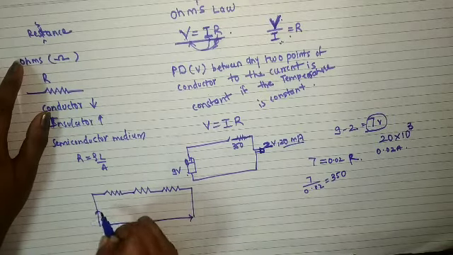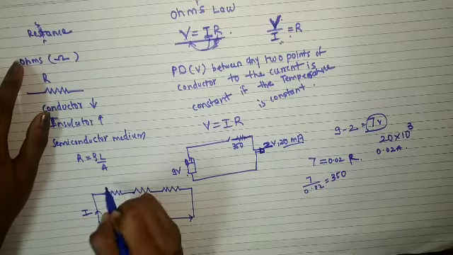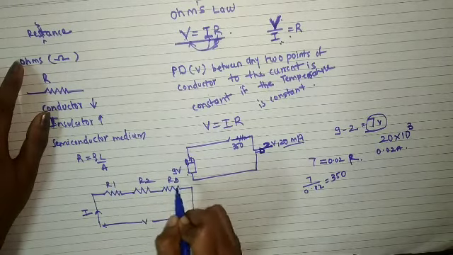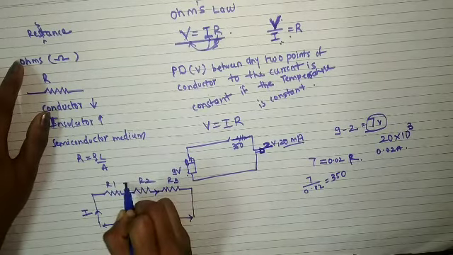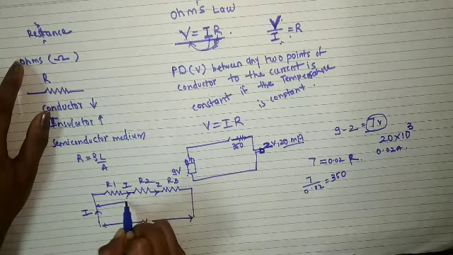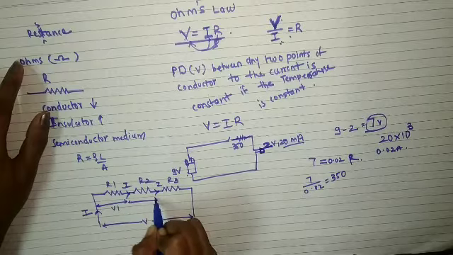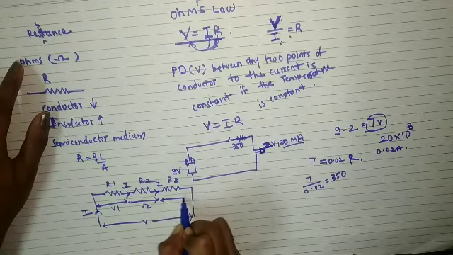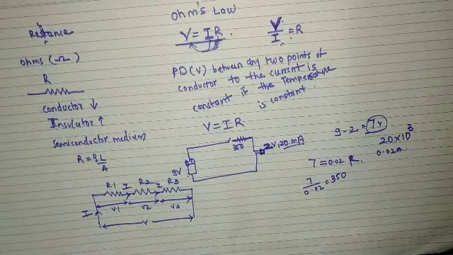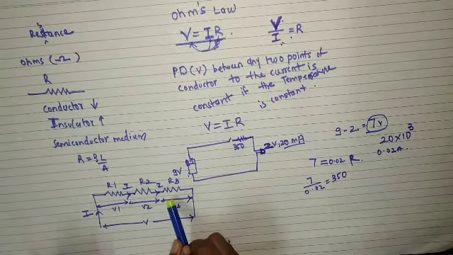This is the current I flowing through it. This is V1, V2, V3. As you can see, this is the diagram of resistances connected in series.